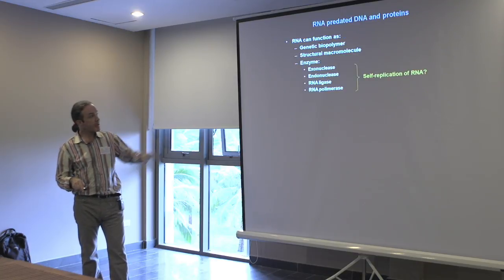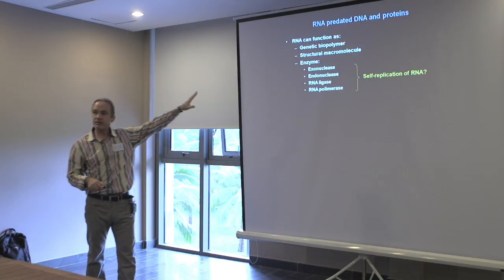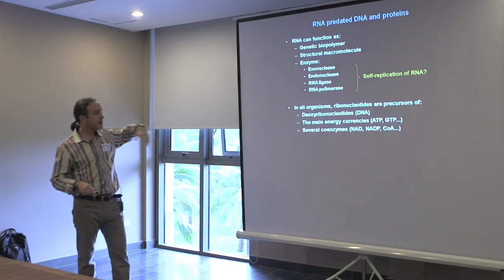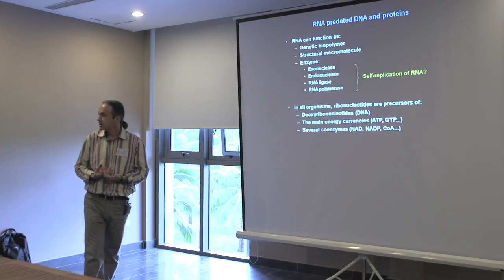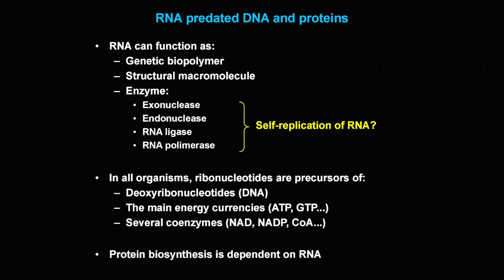Okay? So, RNA can perform a lot of activities. There are extra proofs about the antiquity of RNA when you compare it with DNA. For instance, the deoxyribonucleotides that form the DNA are formed in the metabolism after you have a ribonucleotide. So the metabolism has a key to the antiquity of RNA. Okay? Also, the main energy currencies, molecules such as ATP or GTP, are derived from ribonucleotides.